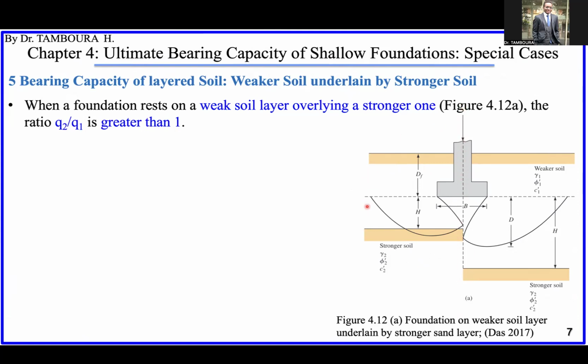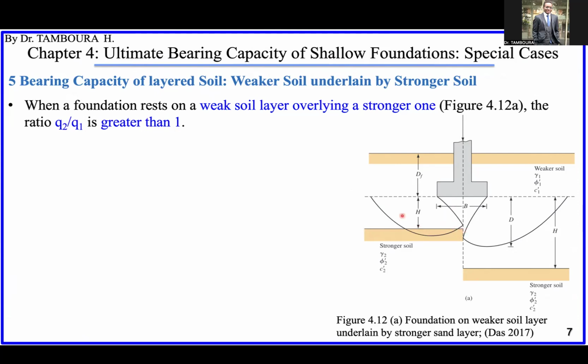This half is where we have the failure line, the slip surface, entering the bottom layer. This is the upper layer, H from here to here, with the same soil here. And here is the stronger layer from here. This line is the border between the two soil layers.